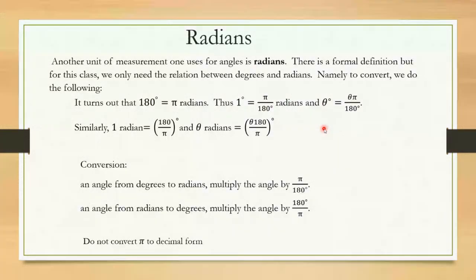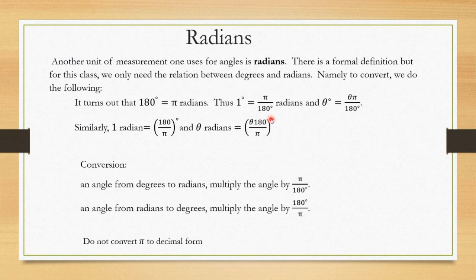So that's what we end up getting here. And in a similar way, you can get 1 radian and theta radians. Namely, 1 radian turns out to be this, 180 over pi degrees, and theta radians is theta times that.